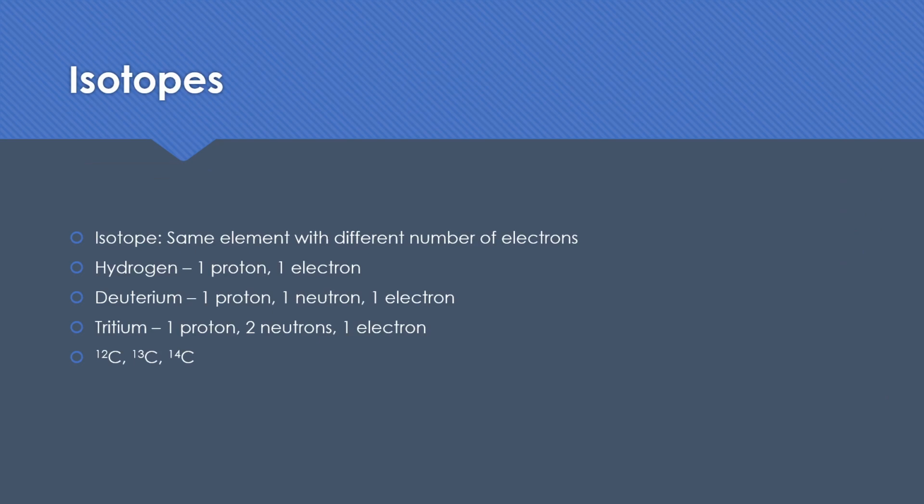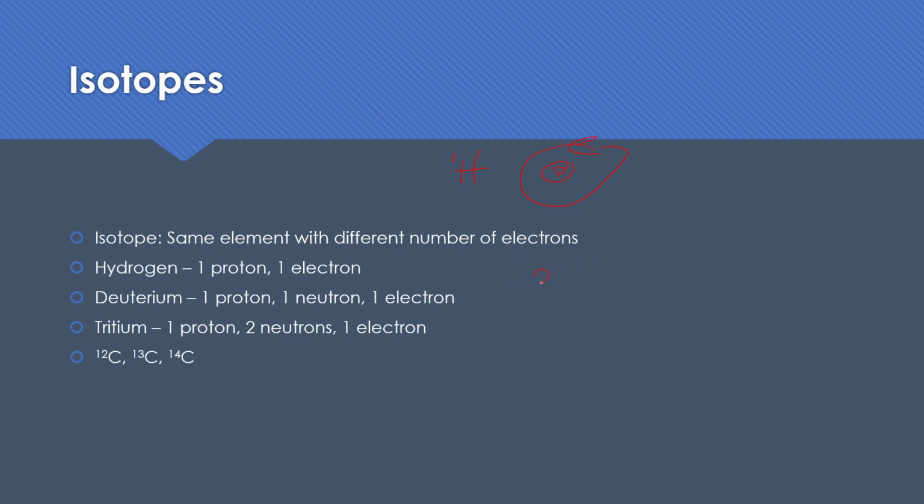So isotopes are when you have the same element with different numbers of neutrons. So if I have a hydrogen atom, it typically has 1 proton and 1 electron. Okay, and that's regular hydrogen.